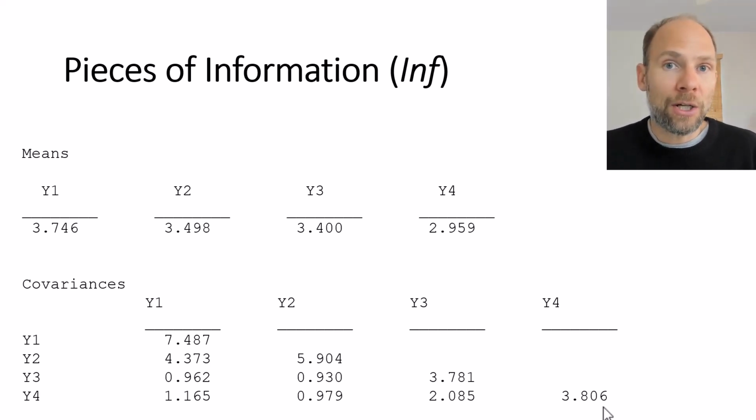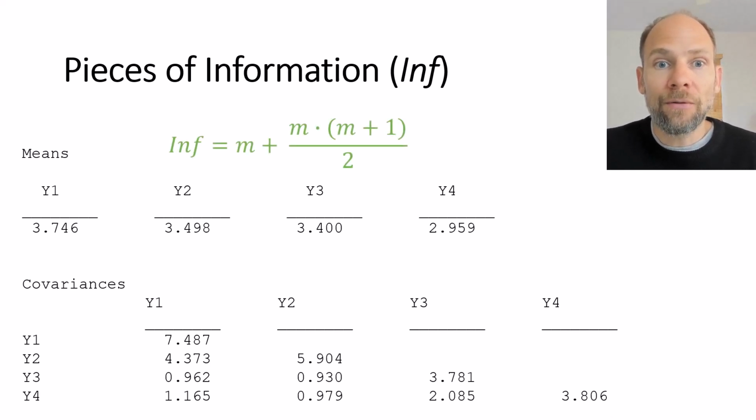However, when you have a larger model with more variables, then it becomes tedious to calculate all those pieces of information by hand. And so instead of doing that, you can use a formula that gives you the result for any number of observed variables. In this formula, M indicates the number of variables, in our case 4. The formula says that there are M plus M times M plus 1 divided by 2 pieces of information total for a set of M variables.